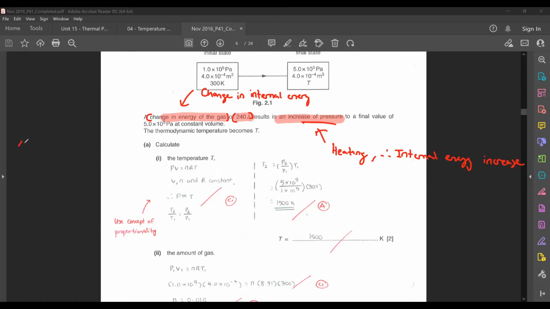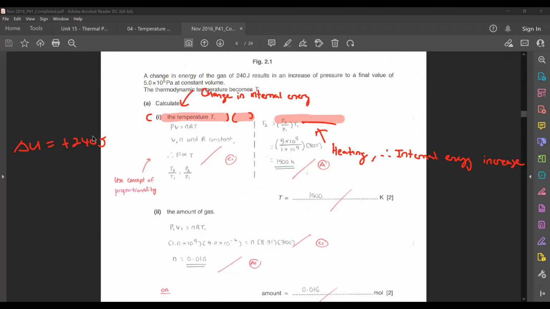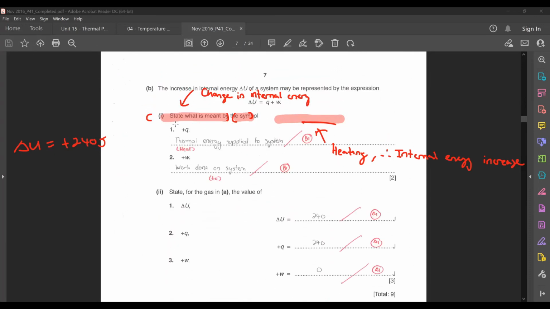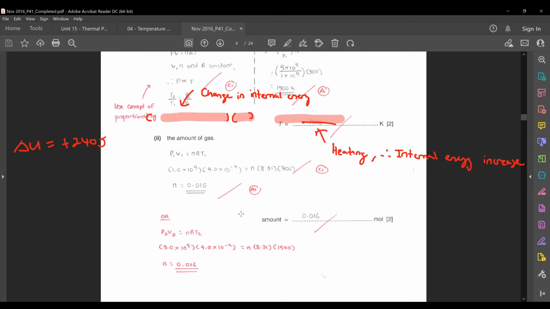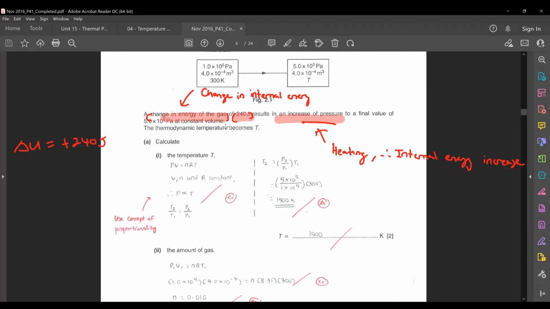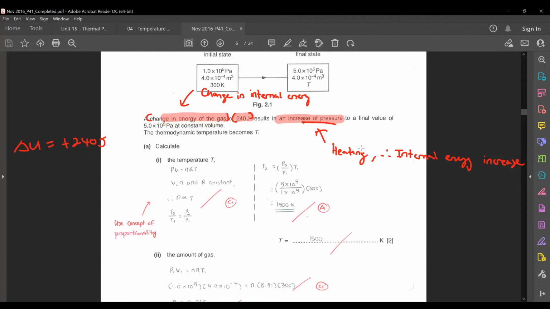So that's why I can say here my delta U is plus 240 joules. Not negative, but plus. Okay. Yeah, I actually don't need to put a positive now. If you don't put anything, it's already implied to be positive in the first place. Okay. So the one is the internal energy change. It's going to be 240 joules. Because in the question, we already found out that change in energy is 240 joules. This is change in internal energy itself. But how do I know it's positive or negative? It's because I saw that there's an increase in pressure. There's heating here. Therefore, you have internal energy increase.